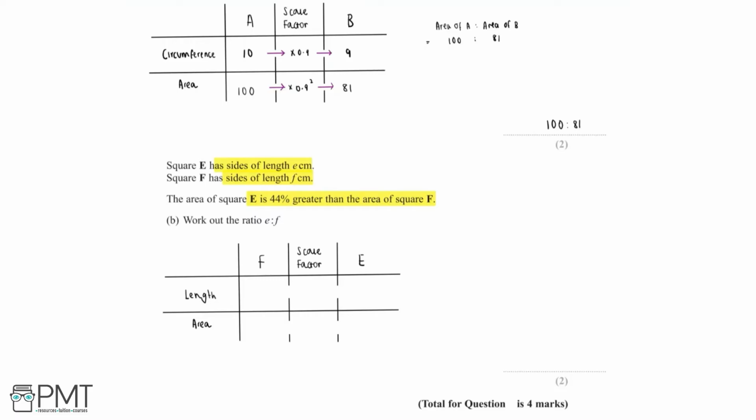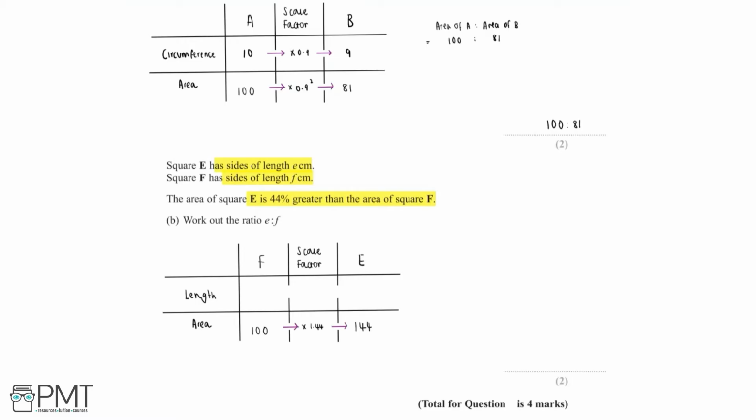So if the area of square E is 44% greater than the area of square F, to get from square F to square E, we want to increase by 44%, and when we increase by 44%, we multiply by 1.44. So let's imagine that the area of square F is equal to 100. To increase this value by 44%, we do 100 multiplied by 1.44, which leaves us with 144.